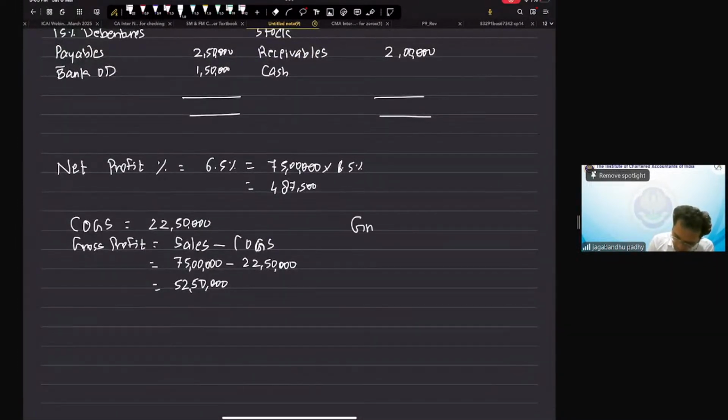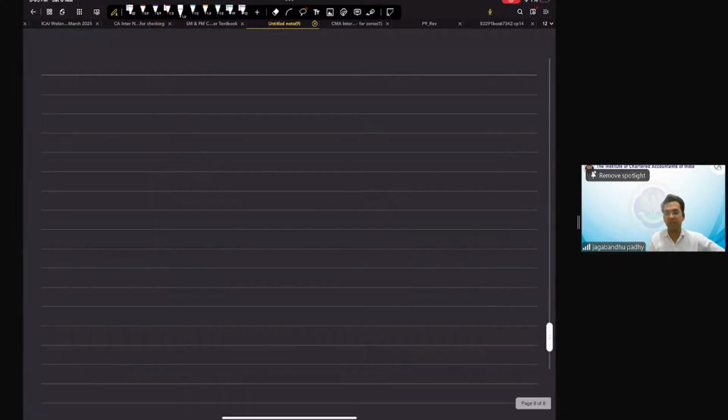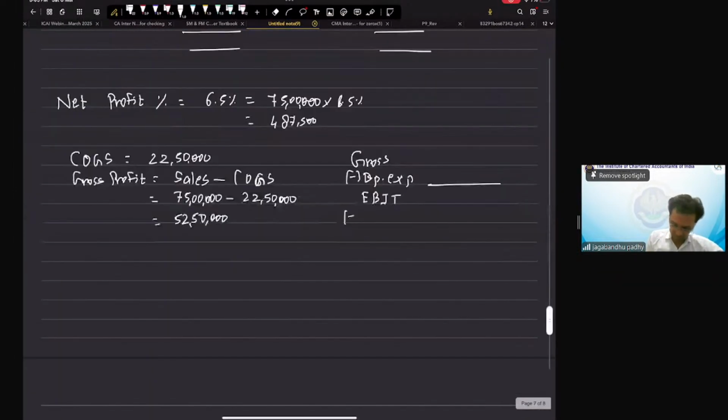Now we know that from gross profit, we subtract the operating expense, which gives us EBIT, earnings before interest and tax. From that, we further subtract interest, which gives us profit before tax.